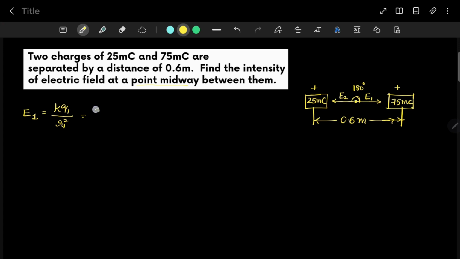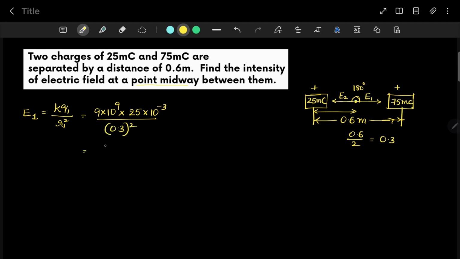What is the k value? 9 into 10 power 9 into q1, which is 25 millicoulomb, milli means 10 power minus 3, divided by r1 square. What is the distance of this point? As it is exactly at the center, 0.6 divided by 2, it will be 0.3, whole square.